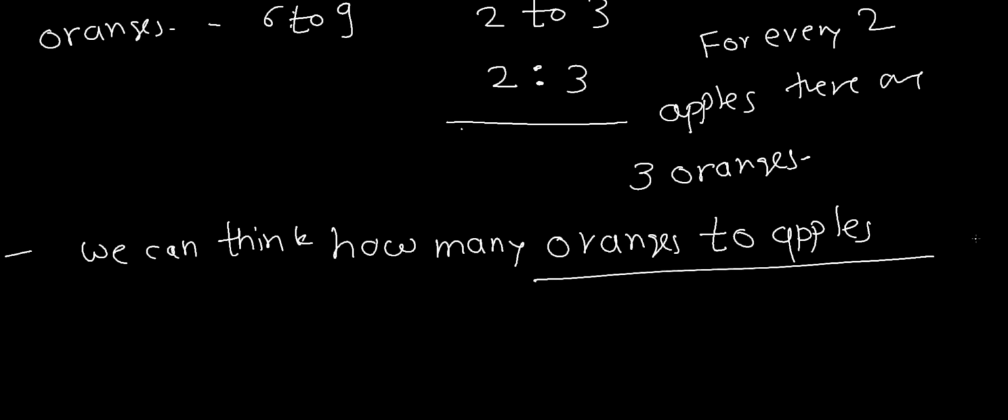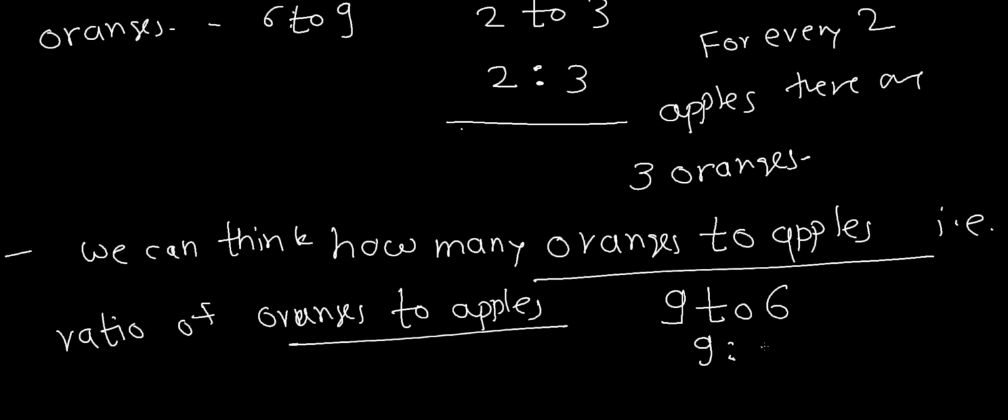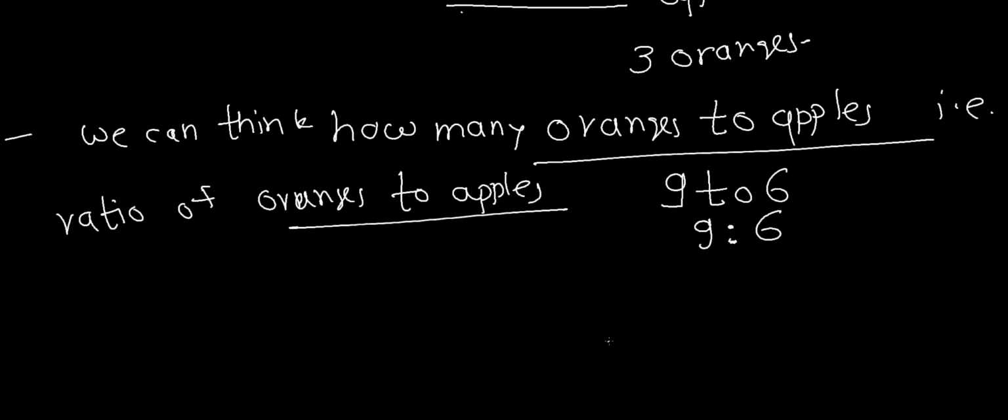So we are looking at the ratio of oranges to apples. In this case we just flip the numbers. So for every 9 oranges we will have 6 apples. So that is 9 to 6. And in the simplified form, for every 3 oranges there will be 2 apples.